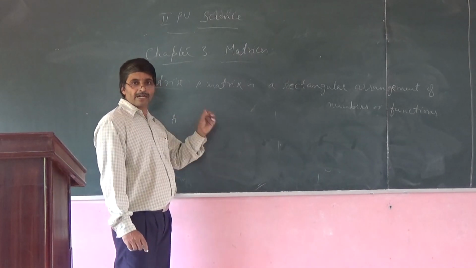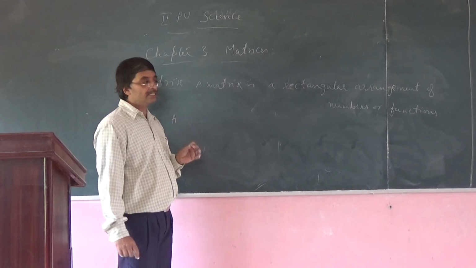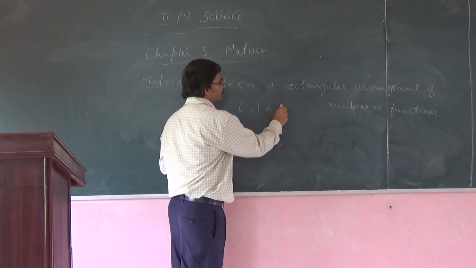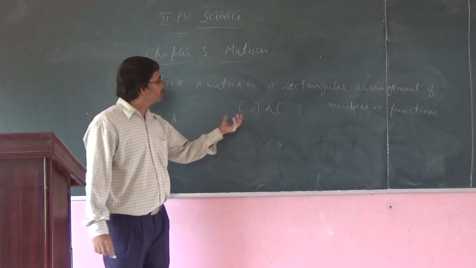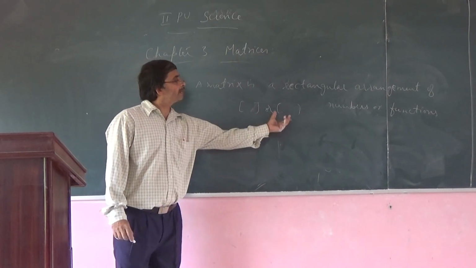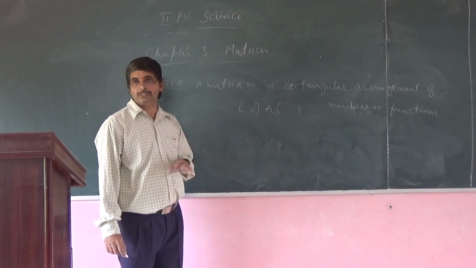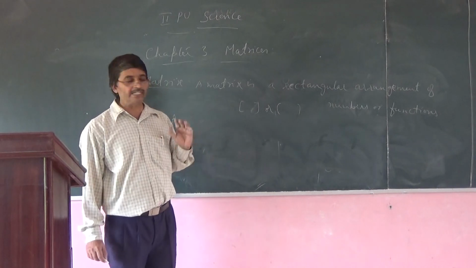Every matrix has some elements. The elements should be written within a pair of square brackets or a pair of round brackets. I will give the generalization first, then examples so that you can understand it.